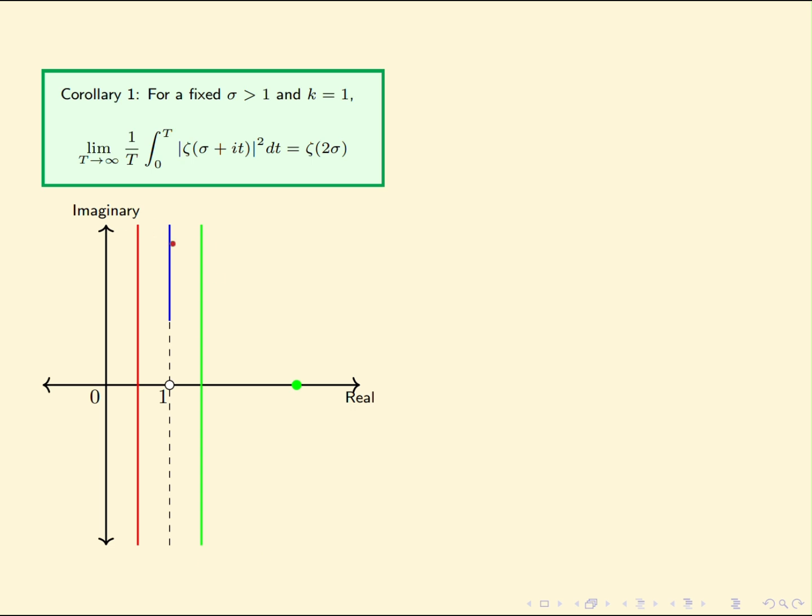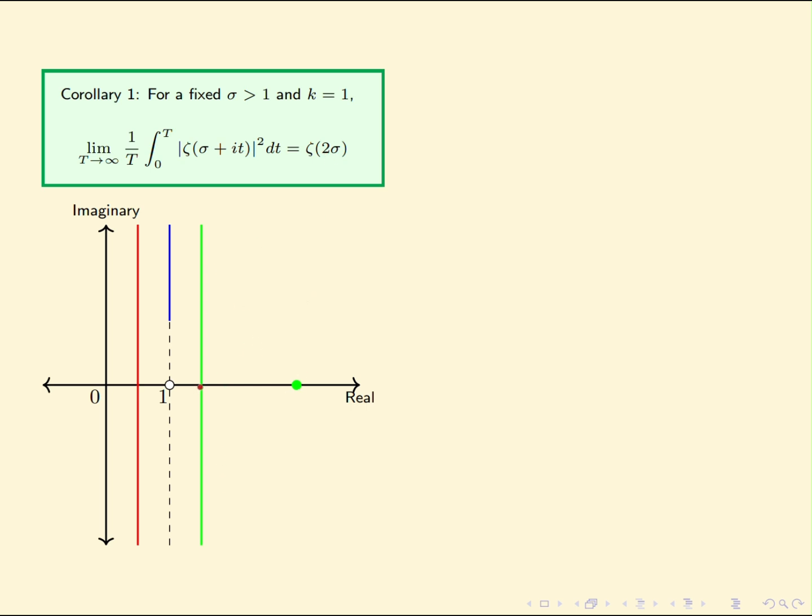In particular, what this corollary means is that if we take this green line, for any fixed sigma greater than 1, so as long as this green line is to the right of 1, then the average value of the absolute value of zeta of sigma plus it squared on this line, so 1 over t times the integral from 0 to t of something is sort of the average along that line, is going to be zeta of 2 sigma.